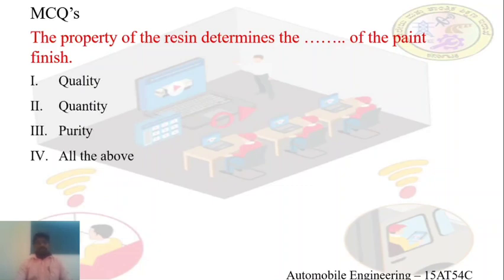The options are quality, quantity, purity, and all the above. You already learned in the previous slides that the property of the resin is going to determine the quality of the paint. So the answer is option 1, quality.